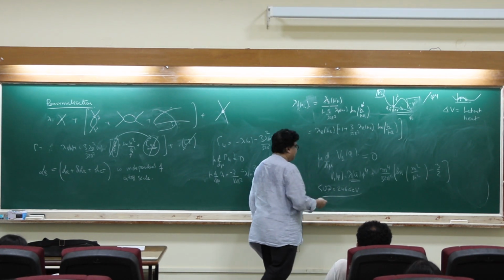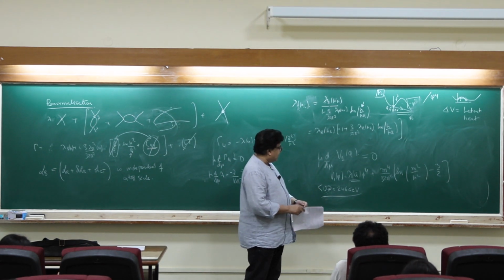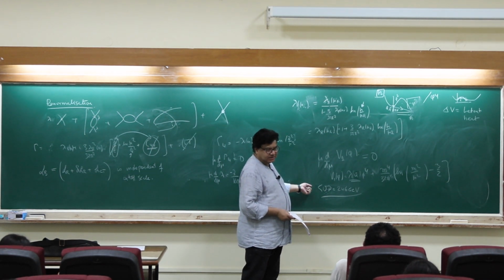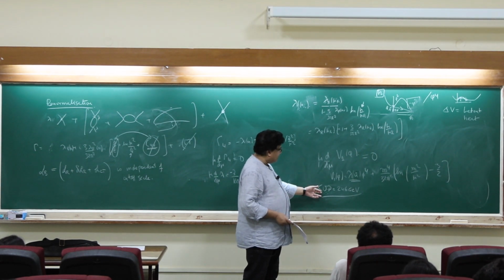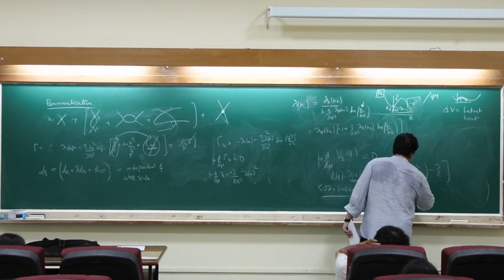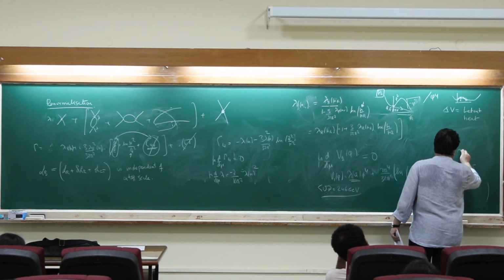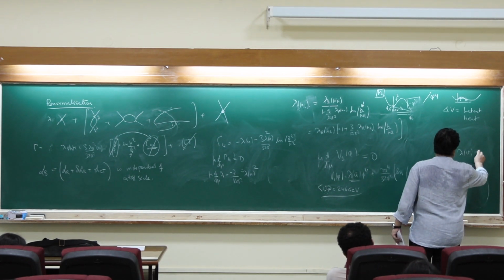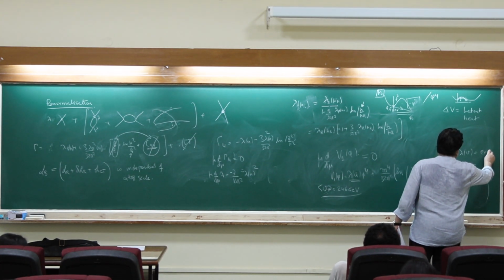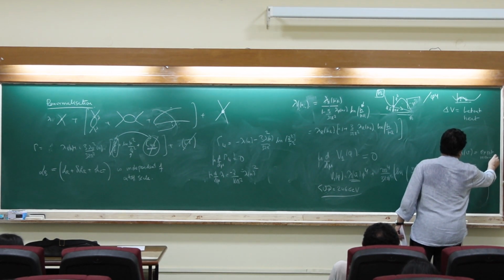This is the value of the field, and this is the scale at which we are measuring all the couplings and the masses. So the mu that we will use in practice for the standard model is, we'll take mu to be v, and lambda at v is the experimentally measured coupling.